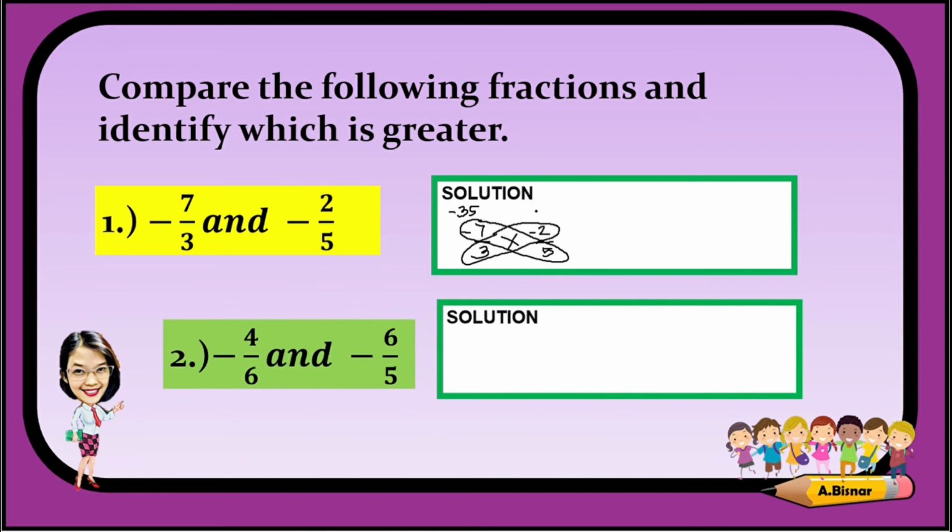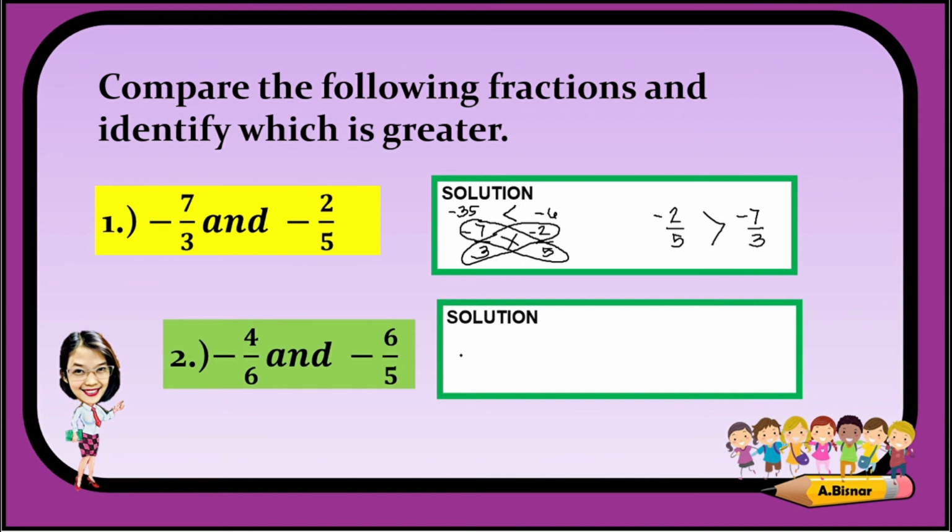Next is 3 times negative 2, we have negative 6. Again, these are negative numbers, which means to say that negative 35 is less than negative 6. And therefore, negative 2 fifths is greater than negative 7 thirds.